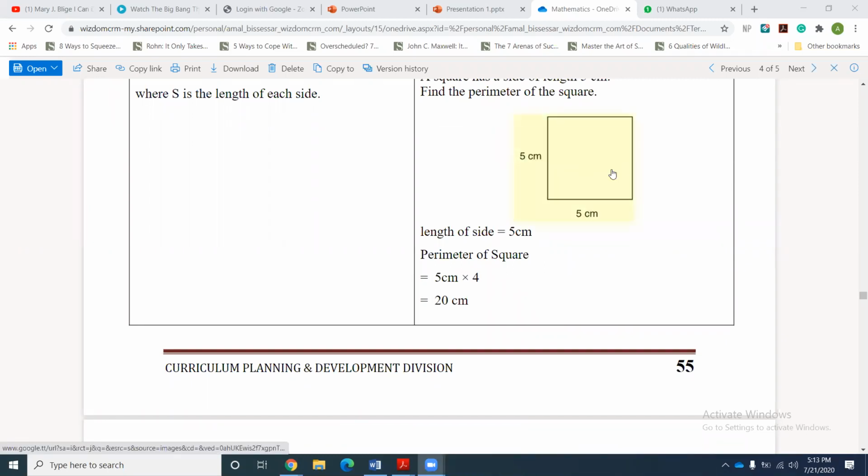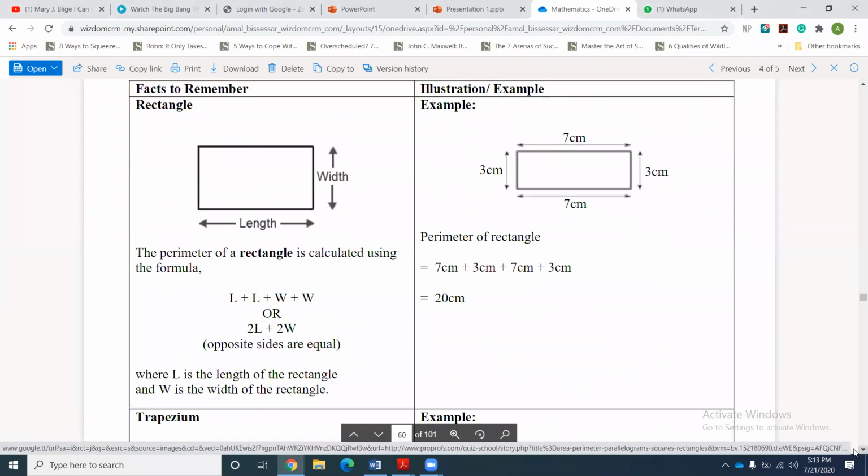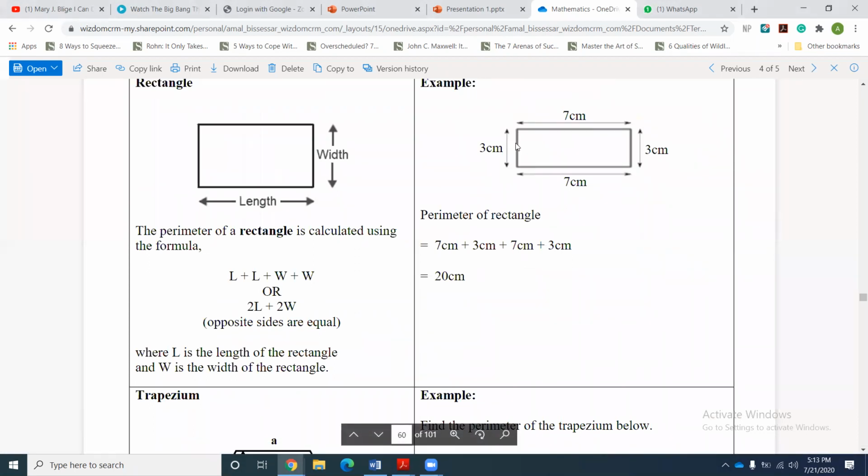Because a square, in a whole different topic, you learn that square, properties of square, all 4 sides are equal. In the same way, rectangles, you learned, I said it, it's actually not written here in that way. I wrote my formulae as length plus breadth by 2.